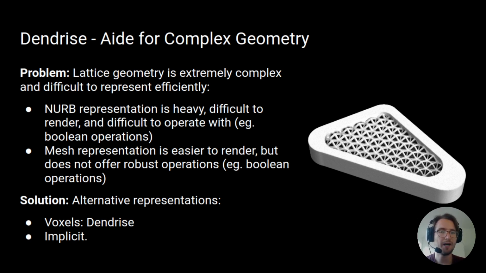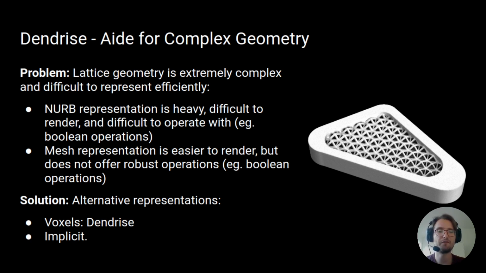Why? Because lattices, as you might already know, can become extremely complex, especially when you have large design spaces. Therefore, they can be difficult to represent efficiently on a computer and also complicated to operate on. Traditionally, we have two geometrical representations: NURBS, which are very heavy and difficult to render, and they're also notoriously difficult to operate with when they get very complex.